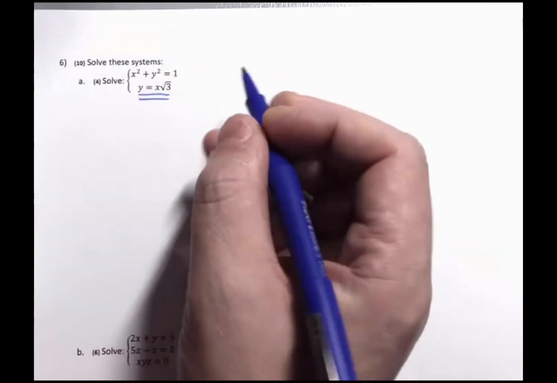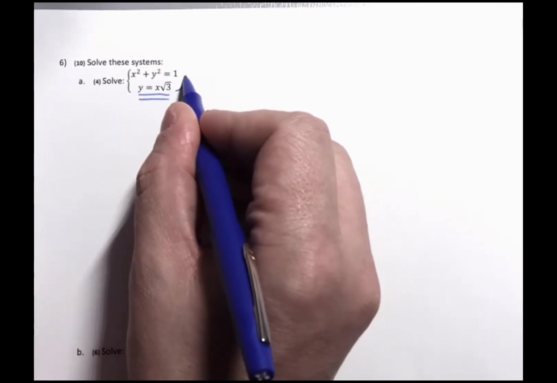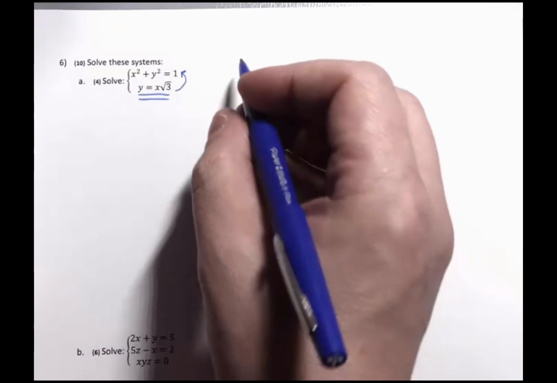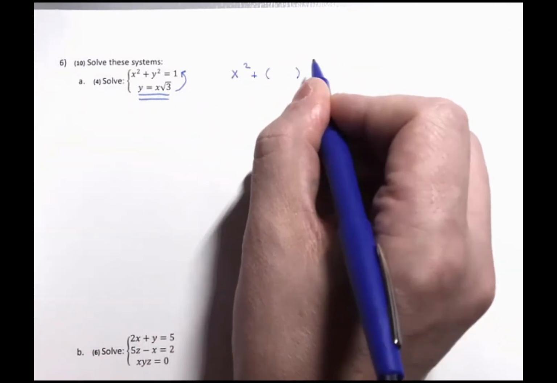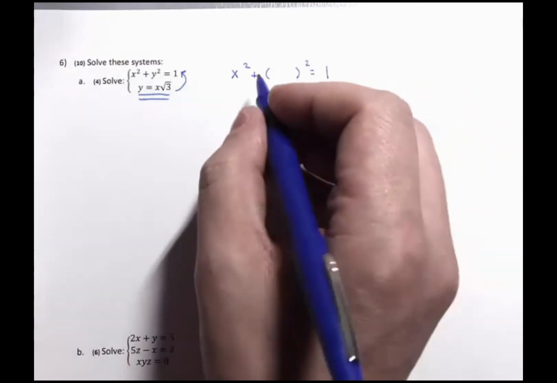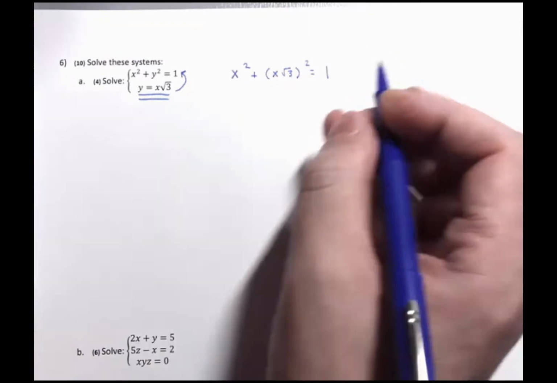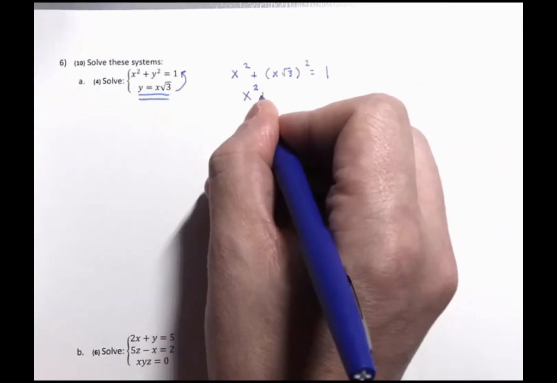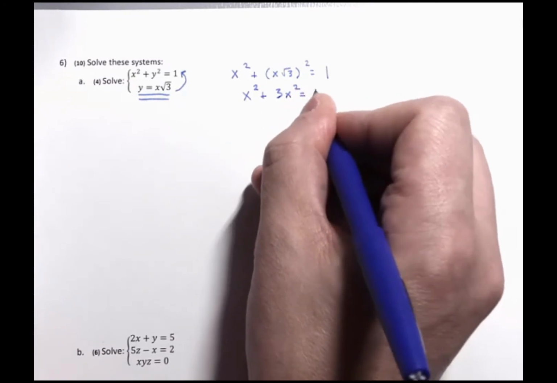This one's hopefully set up for a pretty clear substitution, right? y equals x rad 3 can be easily substituted into the top equation, yielding x squared plus y squared equals 1, and y is given as x radical 3. So therefore we would get x squared plus 3x squared equals 1.